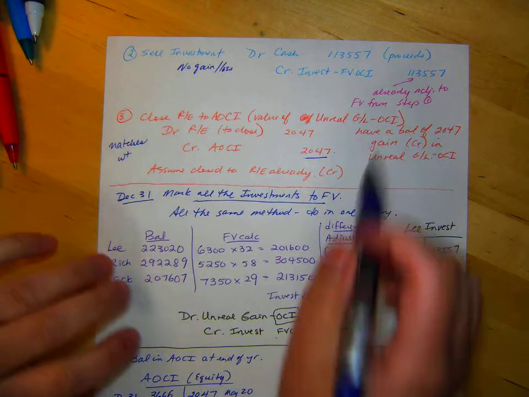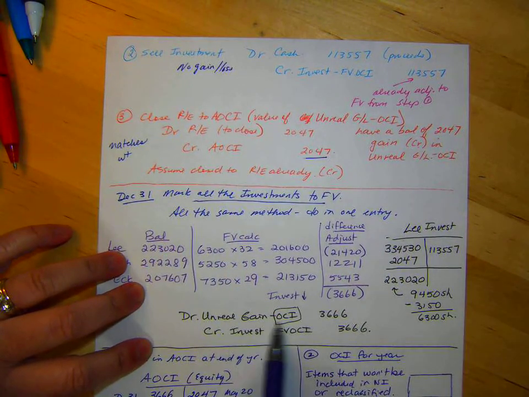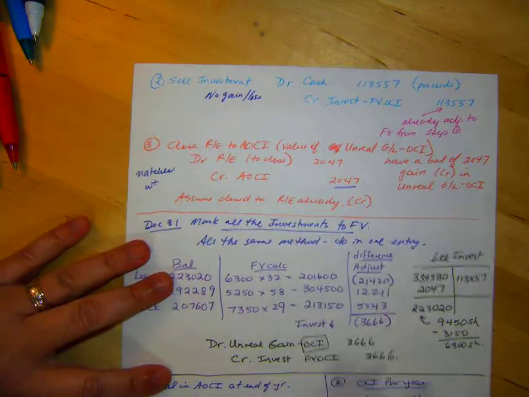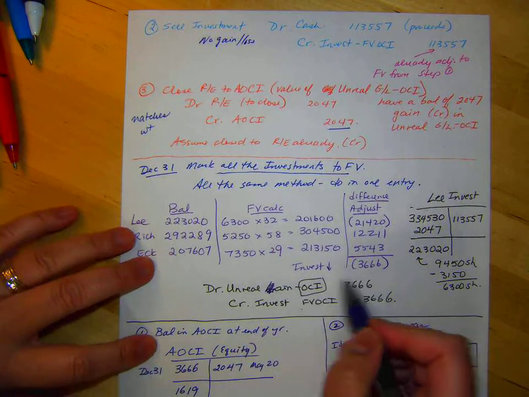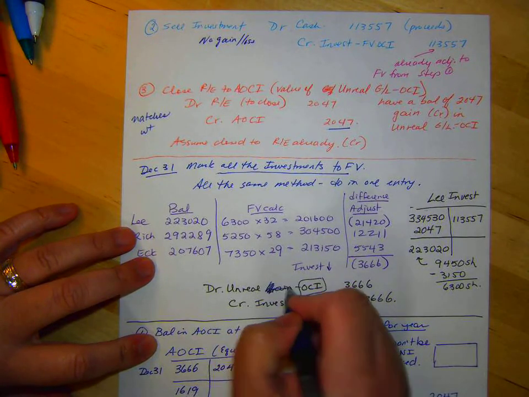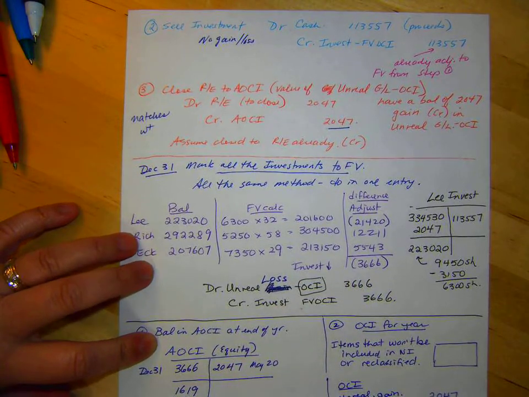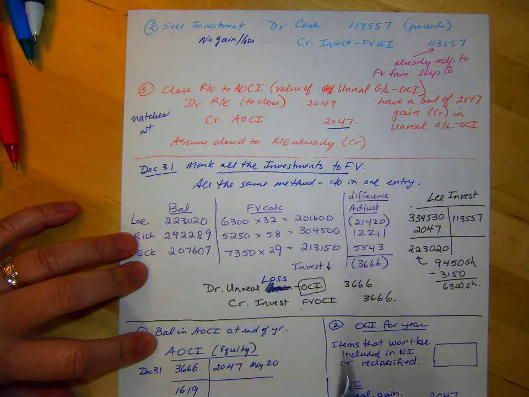And the next time, that's not OCI. We've got an unrealized gain of 3666. Oh, that was a loss. No one stopped me. Look at this, you guys. This is negative. The investment's going down. This has to be a loss. Oh, thank goodness I saw that. Did everybody get that? December 31st, it's an unrealized loss.